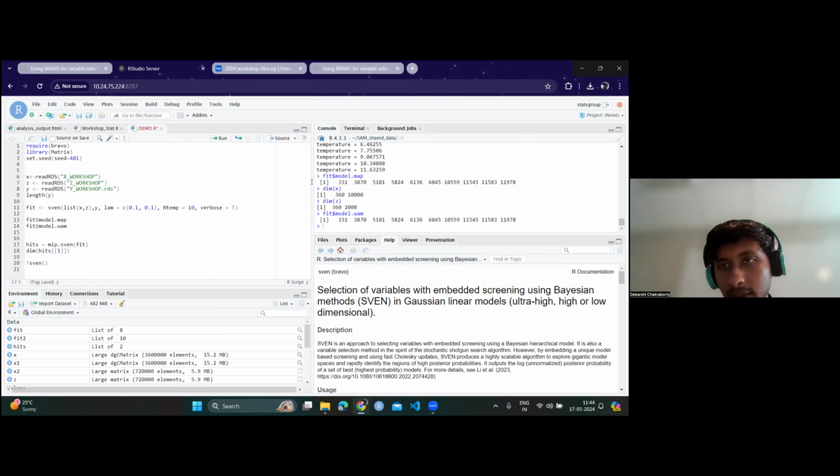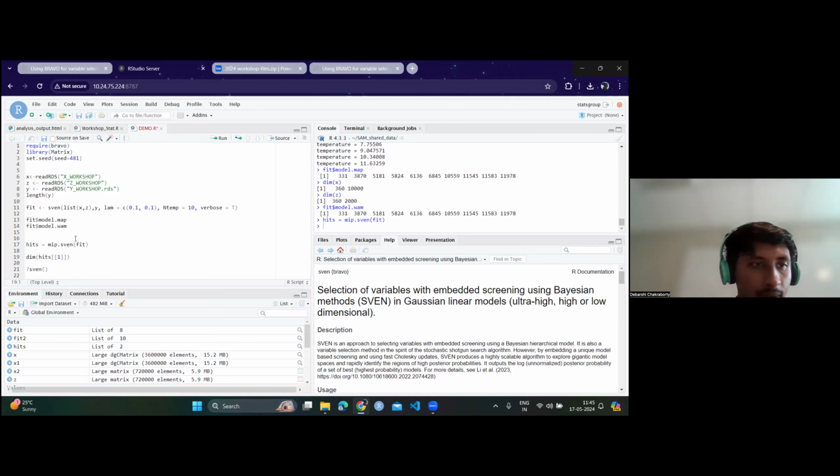It should be pretty similar. Now if we run this mip.sven, let us see what it returns.